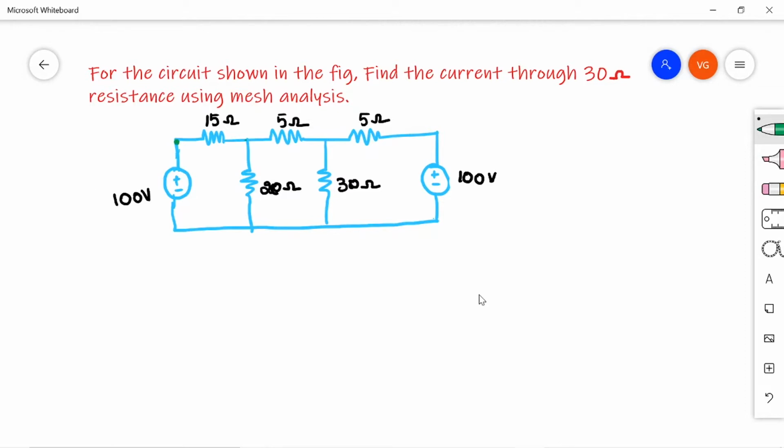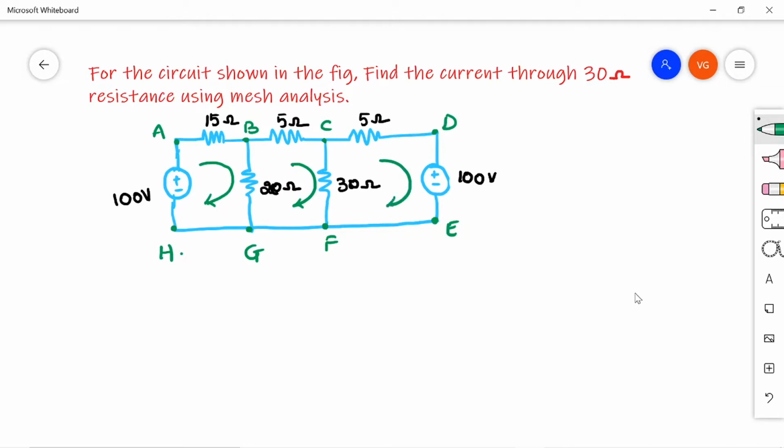Let us say here A, B, C, D, E, F, G, H be the nodes, right? So I can find 3 loops: A, B, G, H, A is the first loop, and the second loop is B, C, F, G, B. So this is loop number 2.